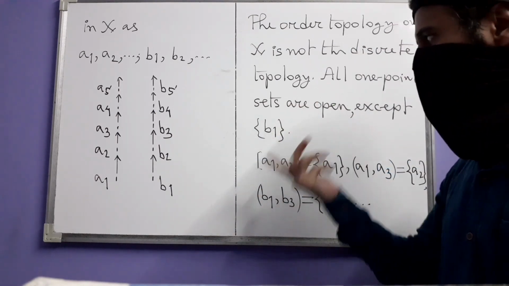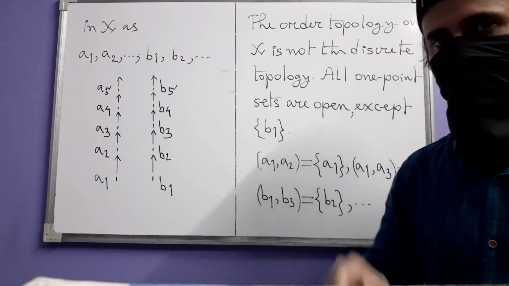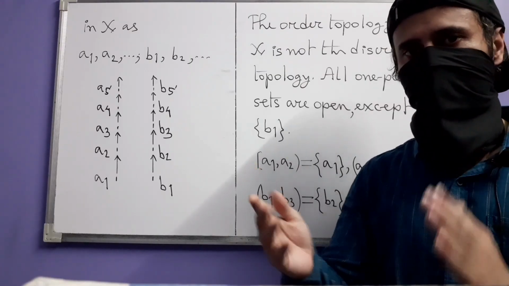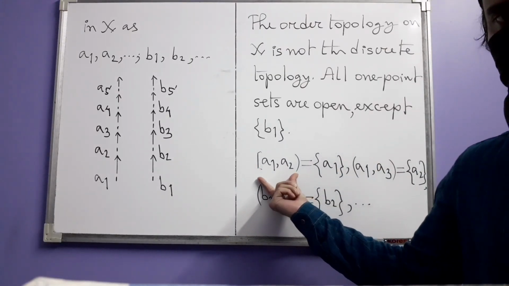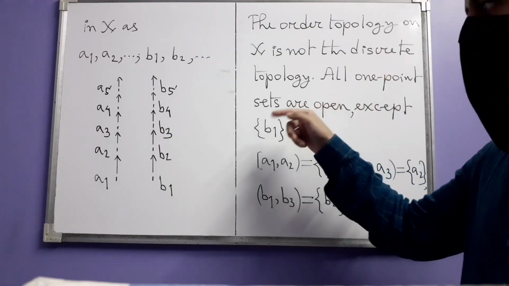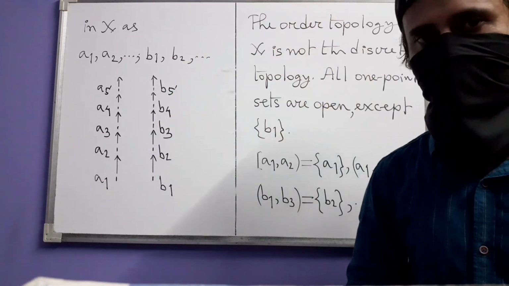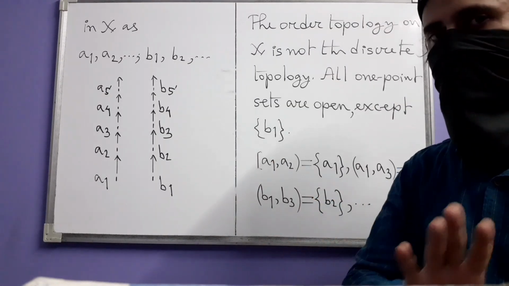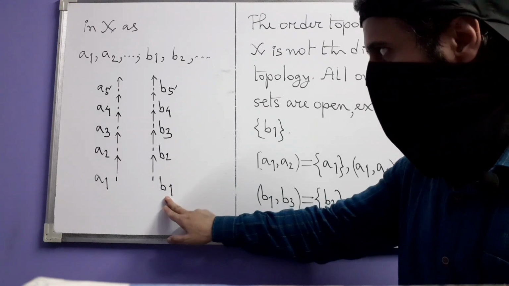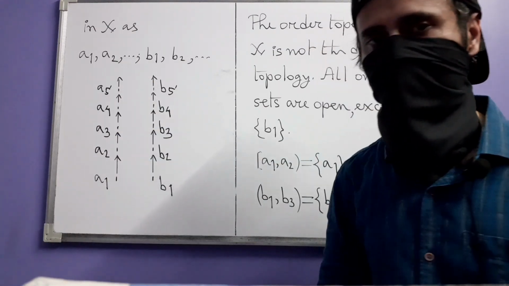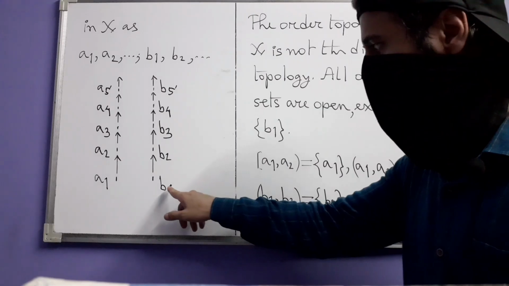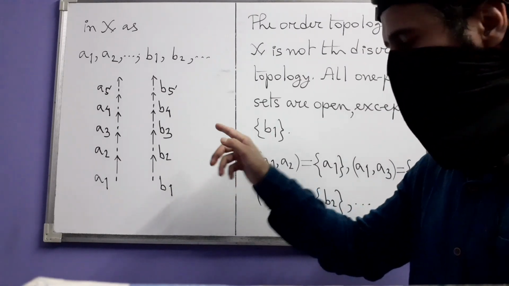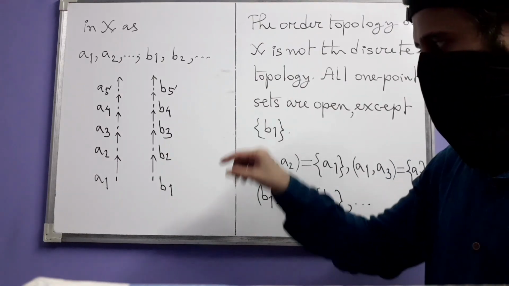Now, what are the basis elements in this order topology, on this set? Obviously, they are either open intervals or intervals of this type, because our ordered set has a smallest element but no largest element. Now, any open interval which contains b1 has to contain some a_i. Why? That is because you cannot take the left end of the open interval to be some b itself, because it has to contain b1.